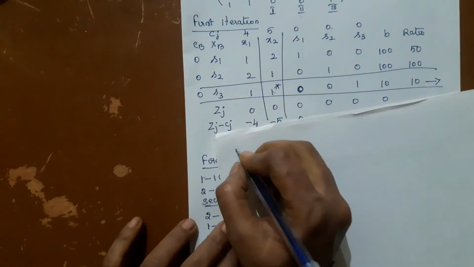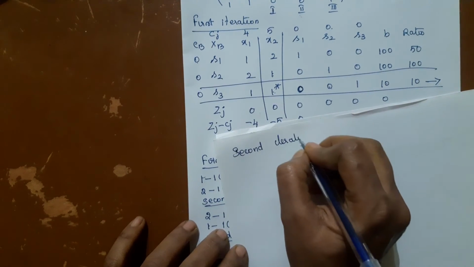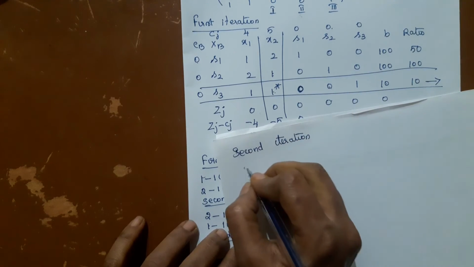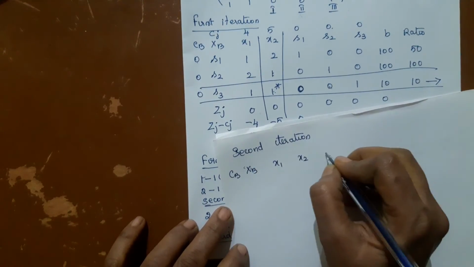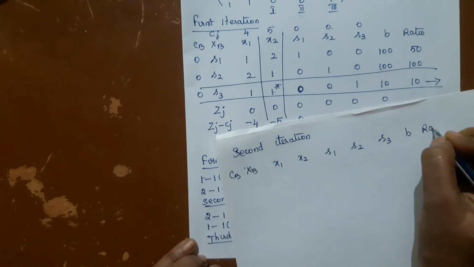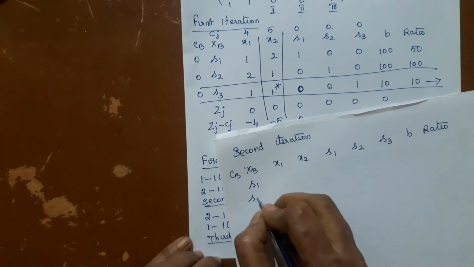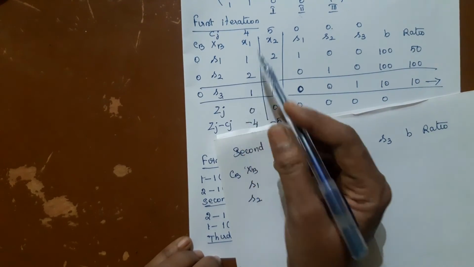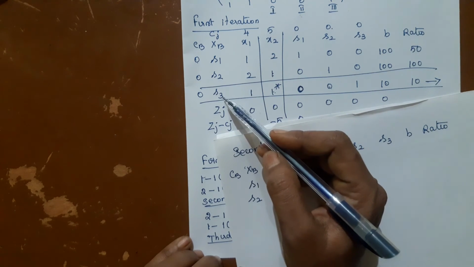So, second iteration. The variables are S1, S2. We have decided that X2 is going to enter the basis, and to that effect S3 leaves the basis.